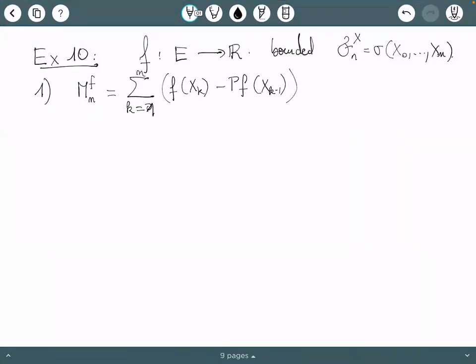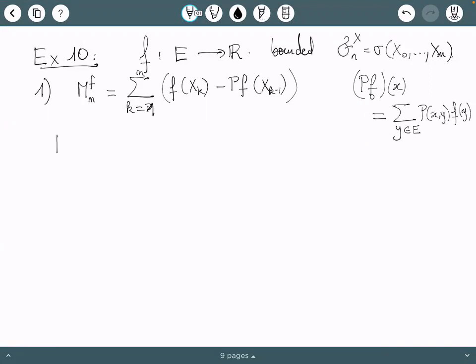So here I am in some countable set. Pf, by definition, where P is the transition matrix, is Pf(x) equal to the sum over y in E of P(x,y) f(y).